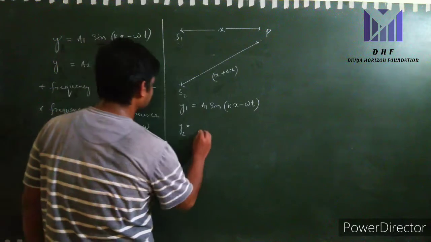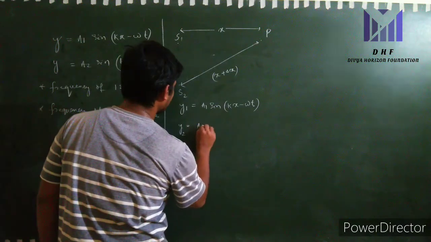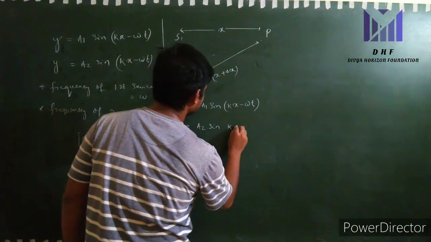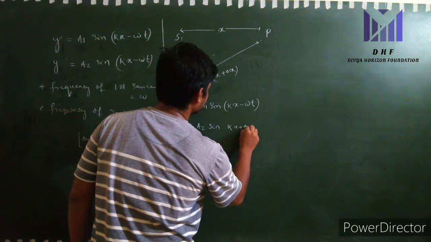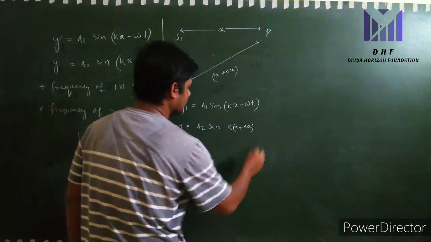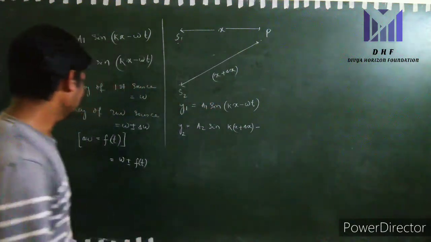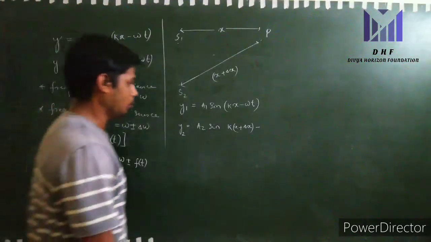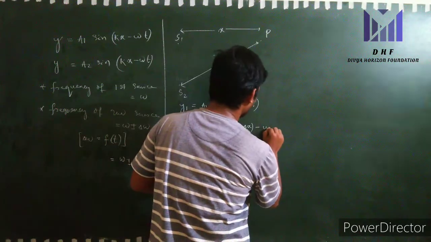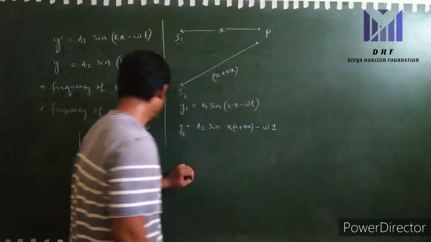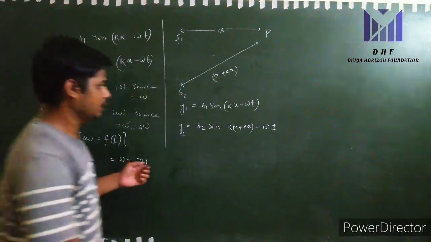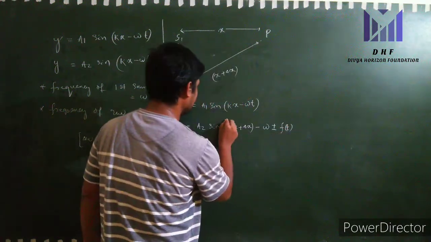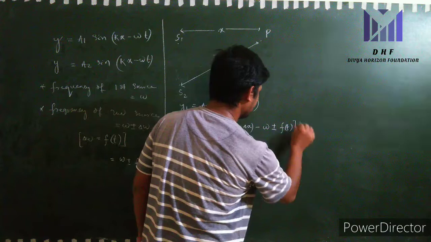So y2 will be equal to a2 sin(k(x plus del x) minus omega plus or minus del omega), where omega varies from omega minus del omega to omega plus del omega, and we have taken del omega as a function of time. With respect to time, it is varying.